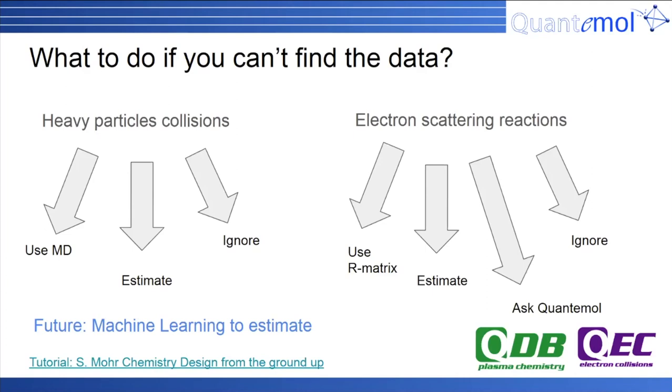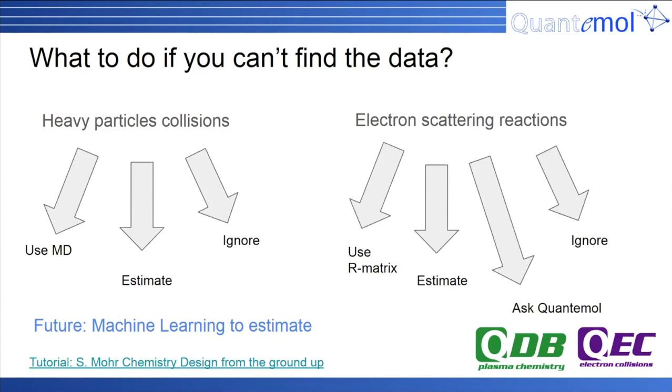And here we are looking at how these estimates can maybe be improved by using machine learning techniques. We currently have a PhD student working on that, but he just started, so this is still a very early stage. For electron scattering reactions, there do exist some methods to calculate those, such as the R-matrix method for molecule scattering cross sections.